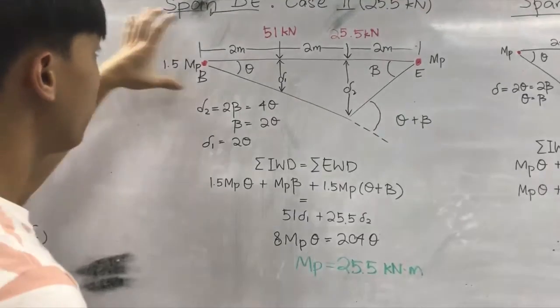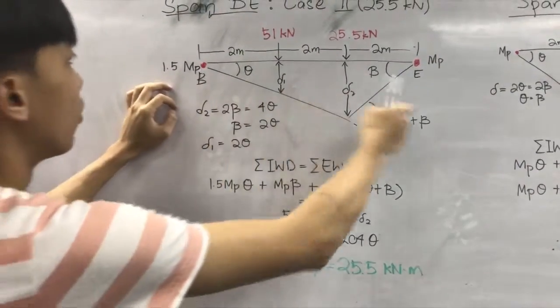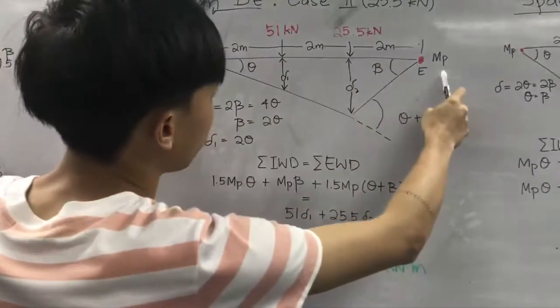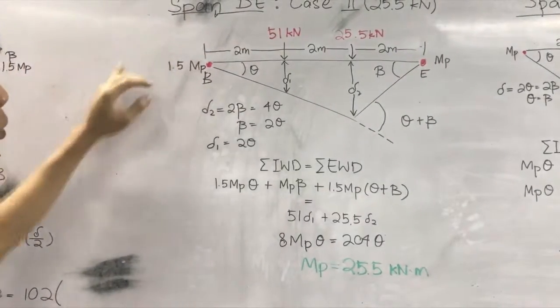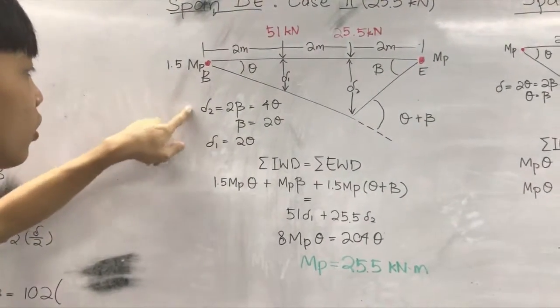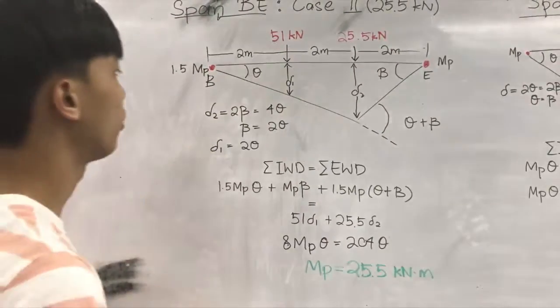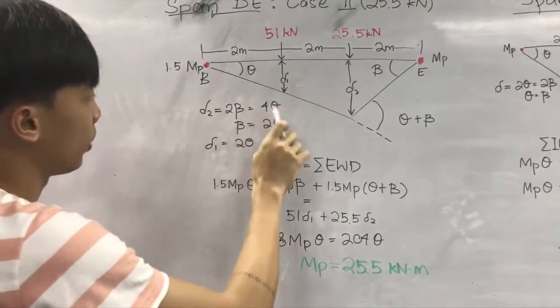From this plastic moment diagram, the location of hinge is here, whereby this one is 1.5 MP and this is MP, 1 MP. So from this diagram, we define what is delta 2, which is the deflection 2. So delta 2 is equal to 2 beta and also equal to 4 beta.